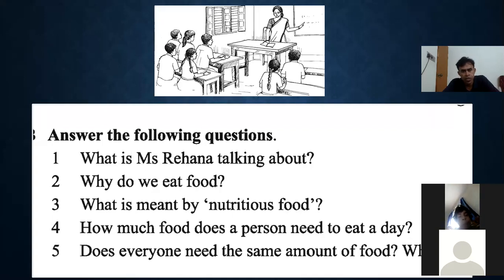This type of question is called a yes no question. Please again, if we find an auxiliary verb or a helping verb at the very beginning of the question, this type of question is called a yes no question. That means you have to give the answer saying yes or no. Have a look. Does everyone need the same amount of food?